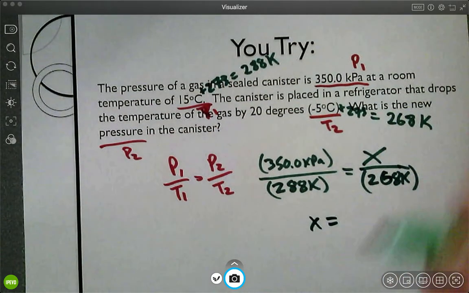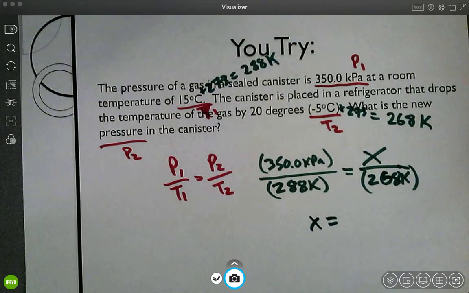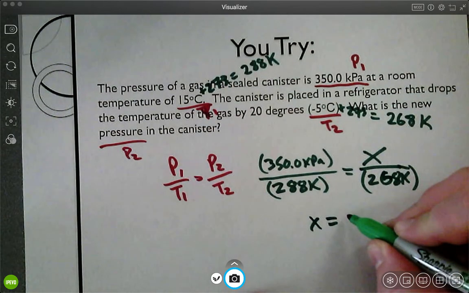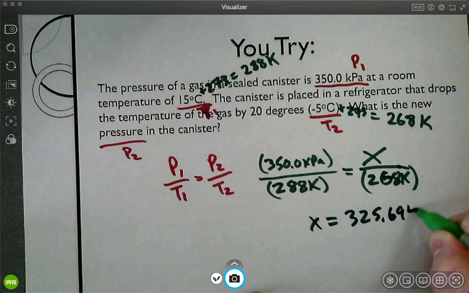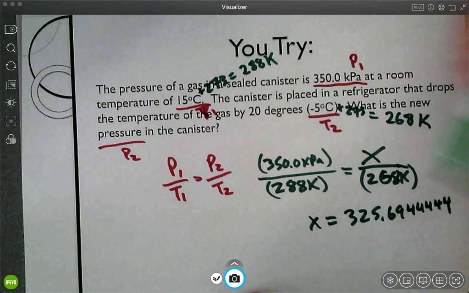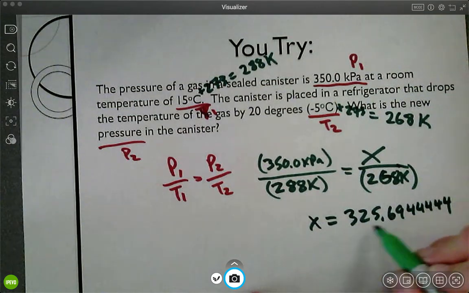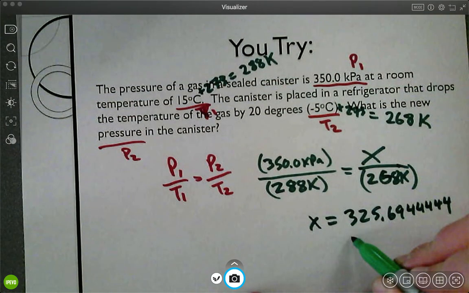X equals 325.69444444. Round that to, it says 4, 3, and 3 sig figs. Okay, so that would be 326 kilopascals.